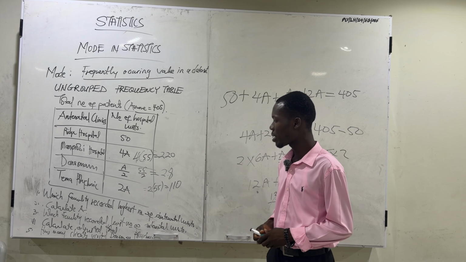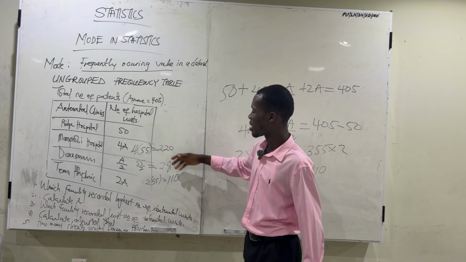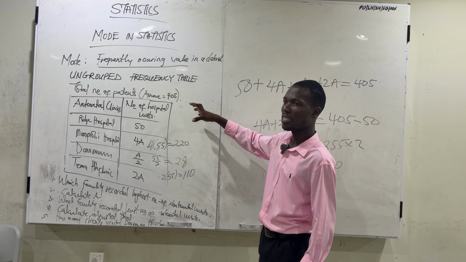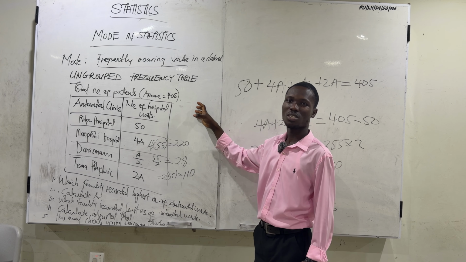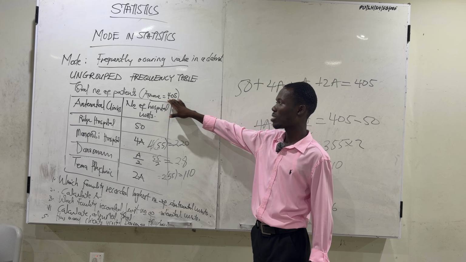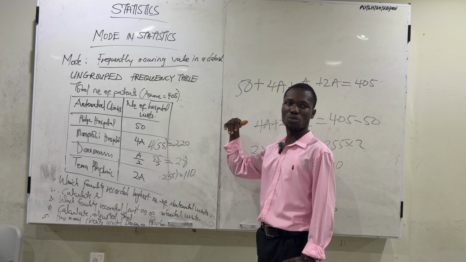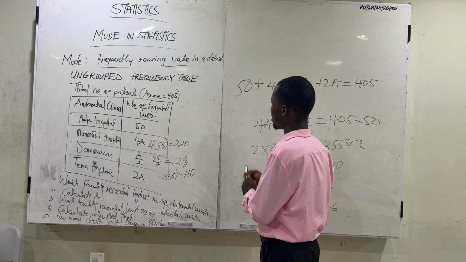Which gives us 110. With this, we can now calculate the actual or adjusted total. Because this one was the assumed, and because we have done some rounding, automatically the number is going to increase. So let's see the adjusted total.